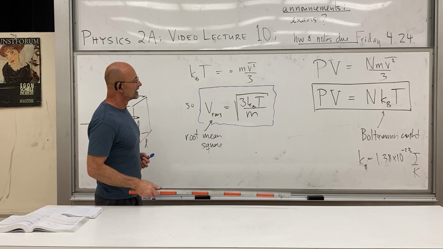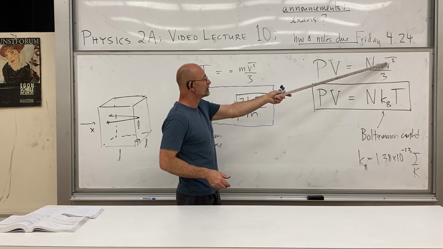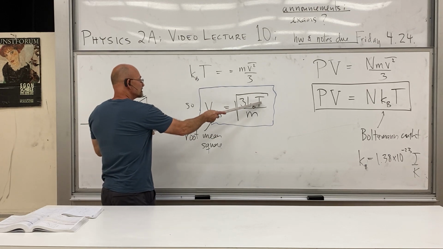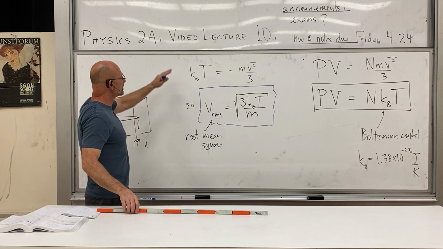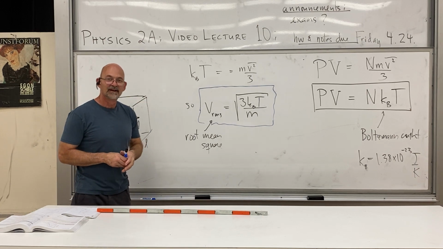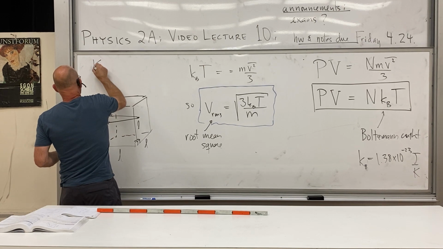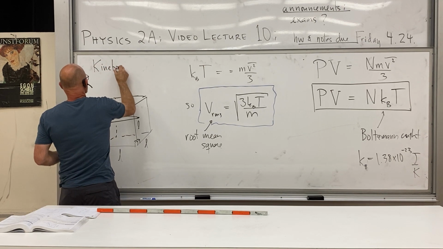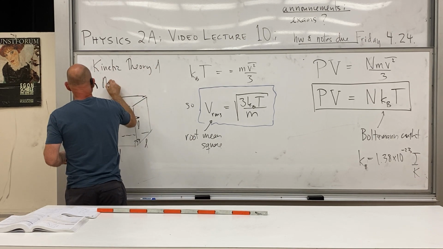And again, to bring the temperature down means to lower those speeds. So this is what was called the kinetic theory of the ideal gas. So let's make sure we have that here before we go on. Kinetic theory of the ideal gas.